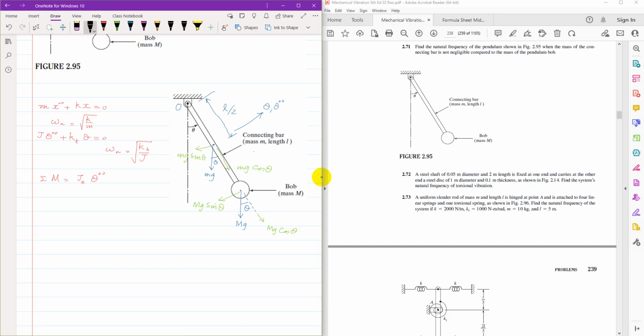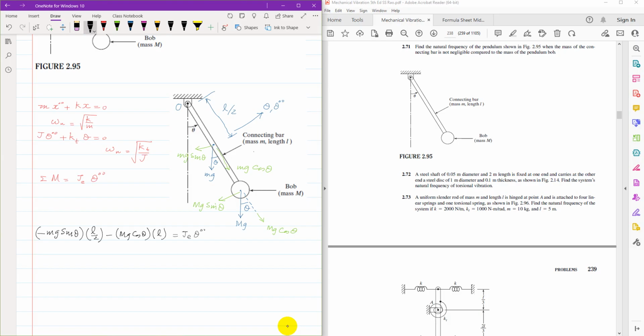So the sum of moments becomes minus mg sine theta, force times the radius of rotation L over 2, and the other one is minus again uppercase Mg sine theta into L, is equal to J equivalent theta double dot.